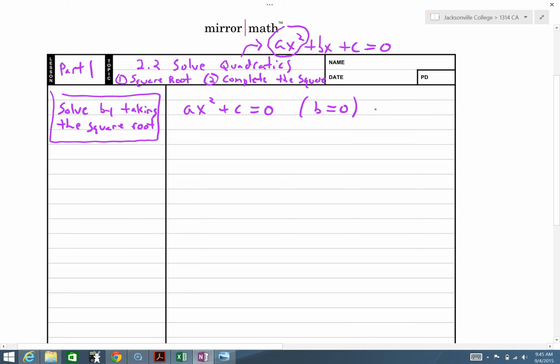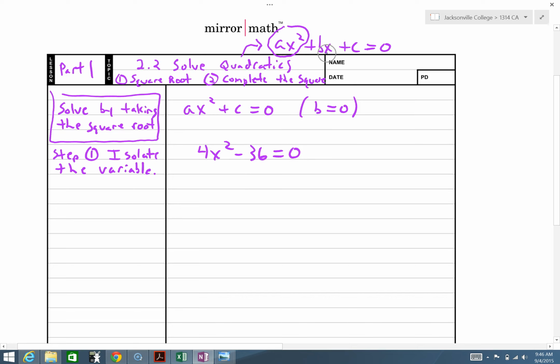All right, step 1: isolate the variable. What I'm saying here is, let's examine the equation 4x squared minus 36 is equal to 0. Well, you see again, b is equal to 0.